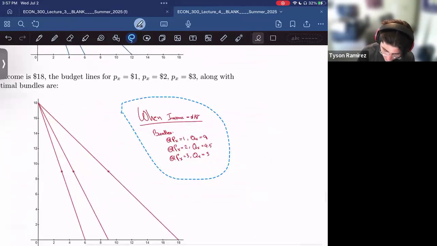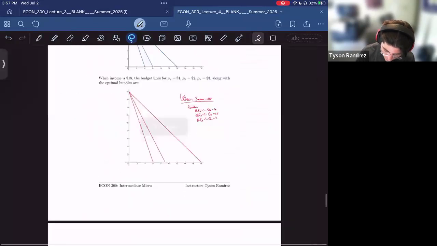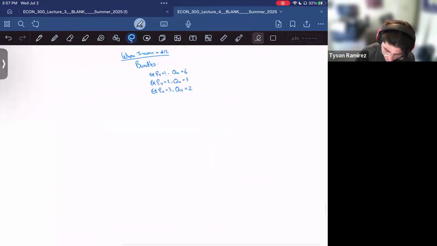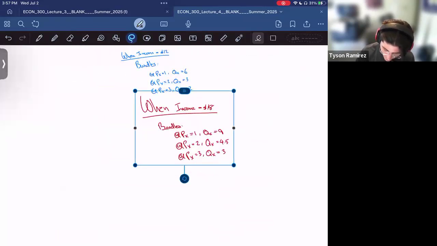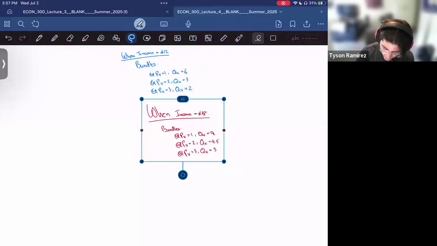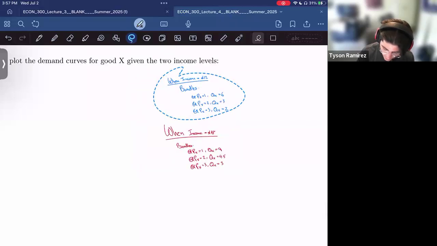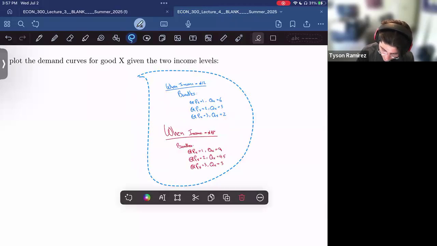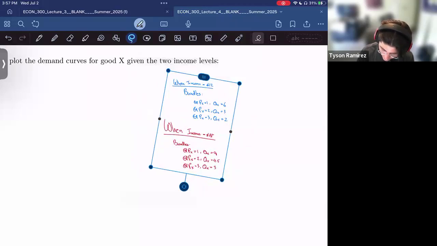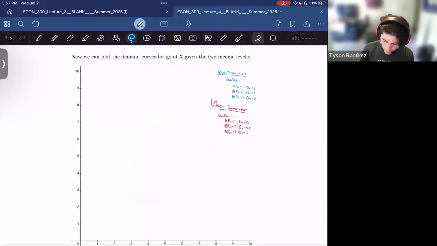And I copy this, I paste it here. That way I don't have to be switching back and forth, zooming up or scrolling the page up and down. I can just make things nice and easy. So these are the points I want to plot.